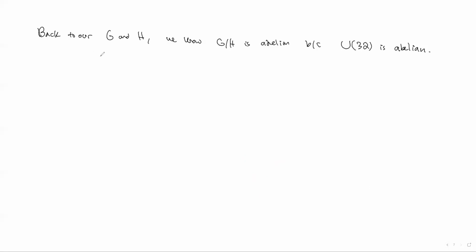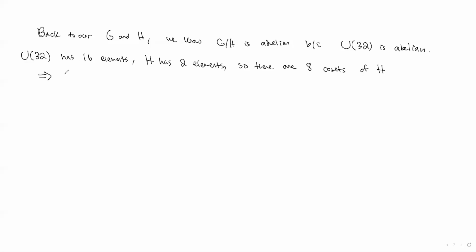We also know that it has 8 elements. U32 has 16 elements and H has 2 elements, so there are 8 cosets of H, hence G mod H has 8 elements.